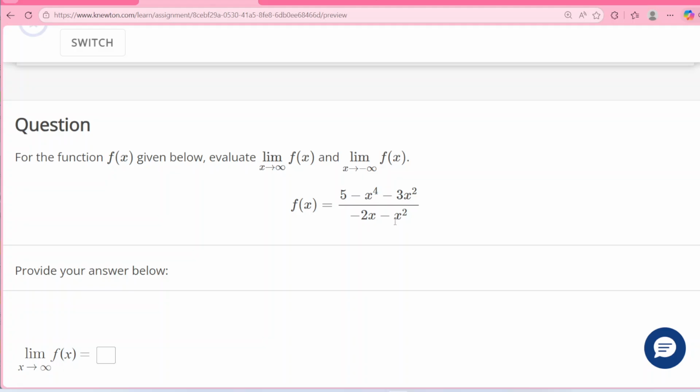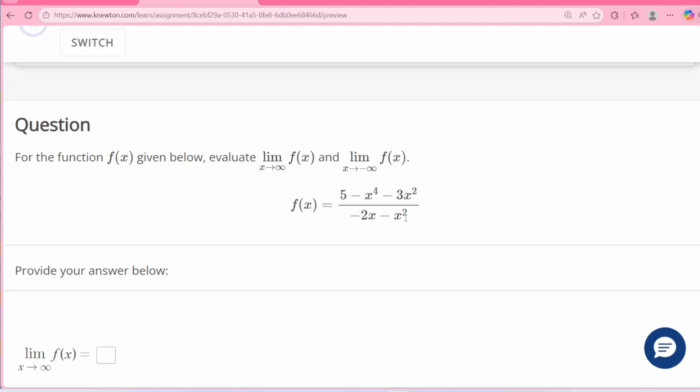Remember with polynomials, the highest powered term, the lead term, when you're plugging in large values of x, will be much larger than the lower powered terms.